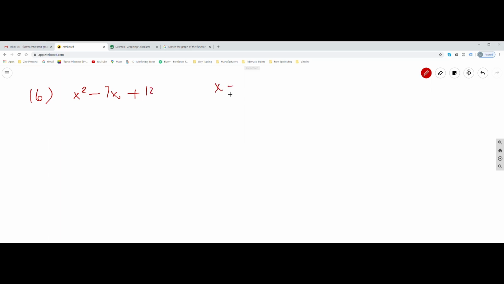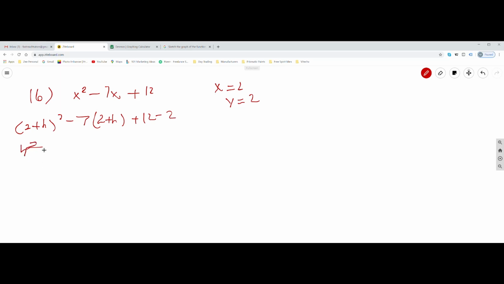X equals 2. Y equals 2. So you have 2 plus h squared minus 7 plus h plus 12 minus 2.